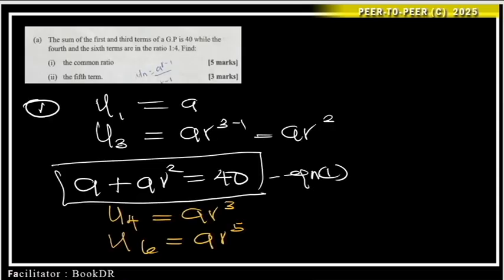Since they are in the ratio 1:4, we can express it as ar cubed is to ar raised to the power 5 equal 1:4.